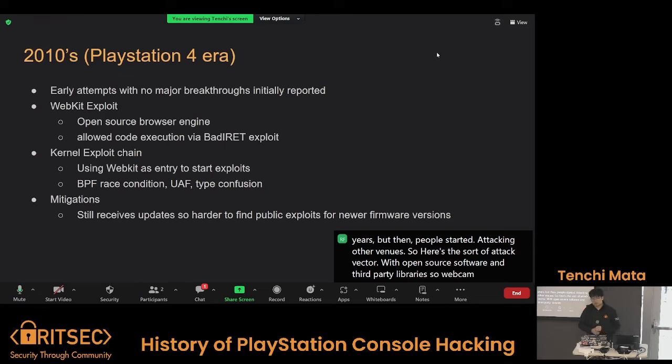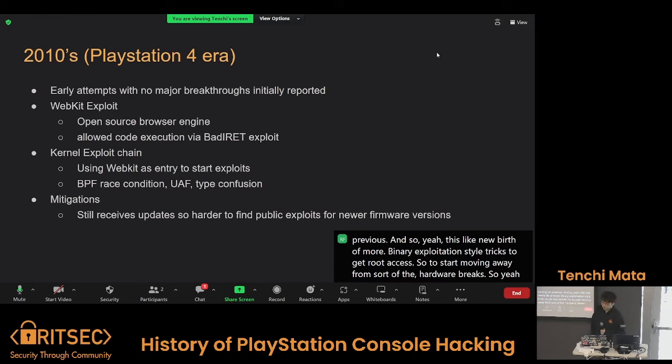WebKit is an open source browser engine, so by using known WebKit exploits, they could chain them to get userland access, and then also chain known kernel vulnerabilities because the PlayStation 4 was running on FreeBSD. And so you have this new birth of more binary exploitation style tricks to get root access, moving away from the hardware breaks.